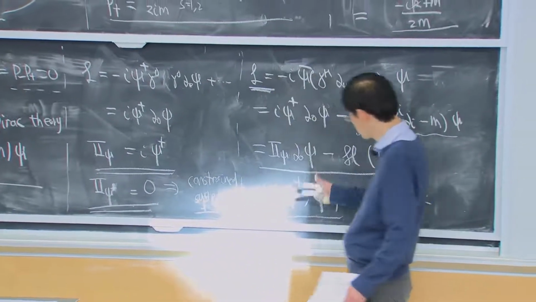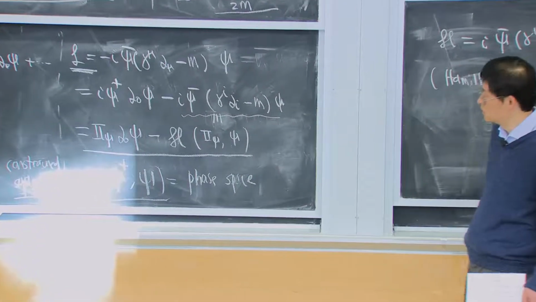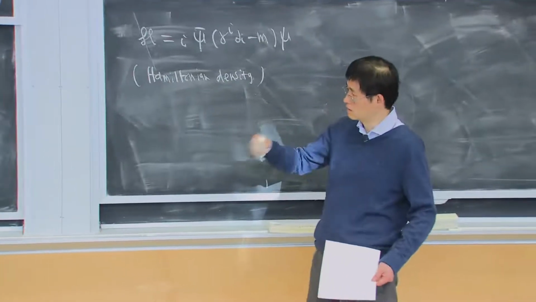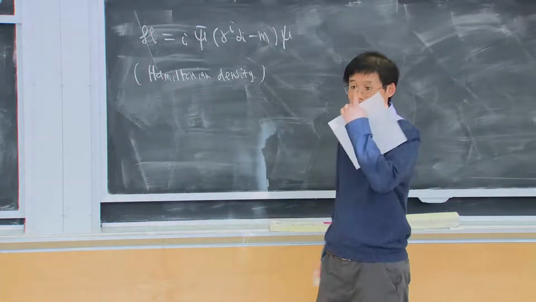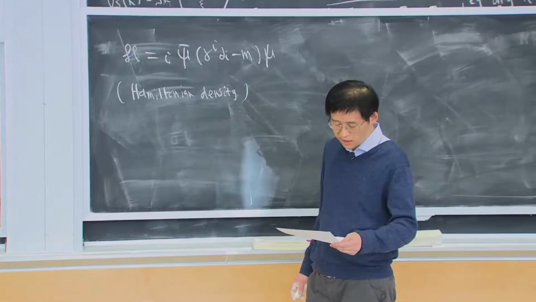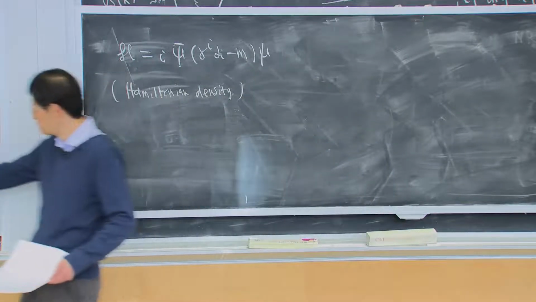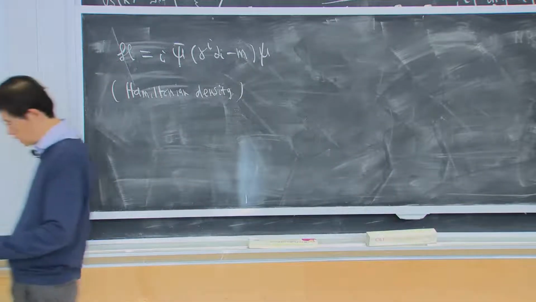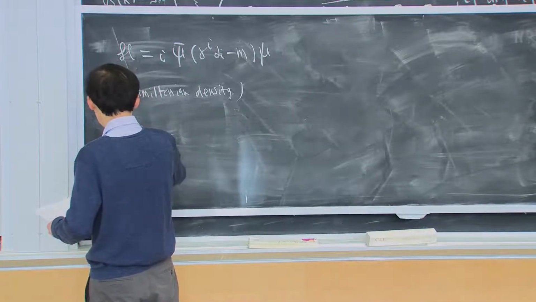But now I'm just giving you a shortcut so that we don't have to go through the intricacy of constraint quantization. So now the canonical quantization becomes easy. Now this is my momentum, so now we just have the canonical quantization.